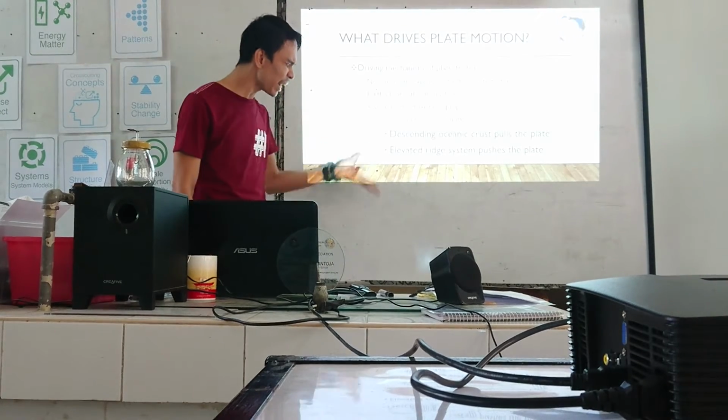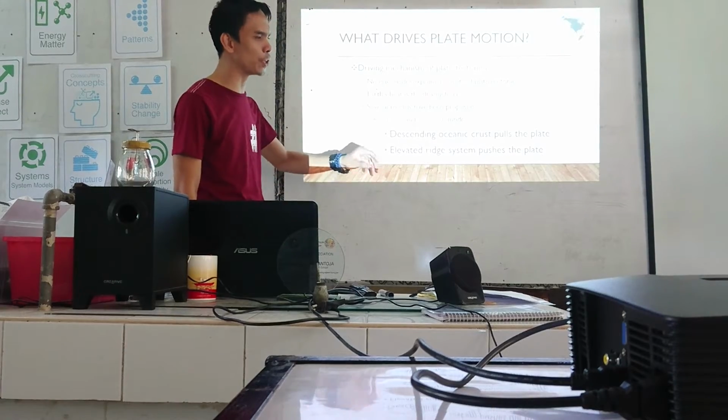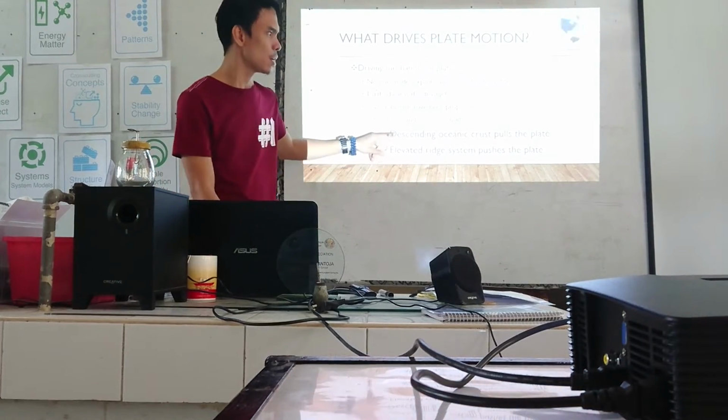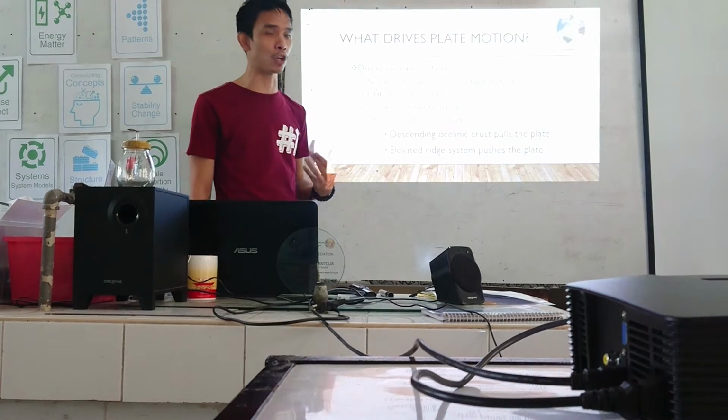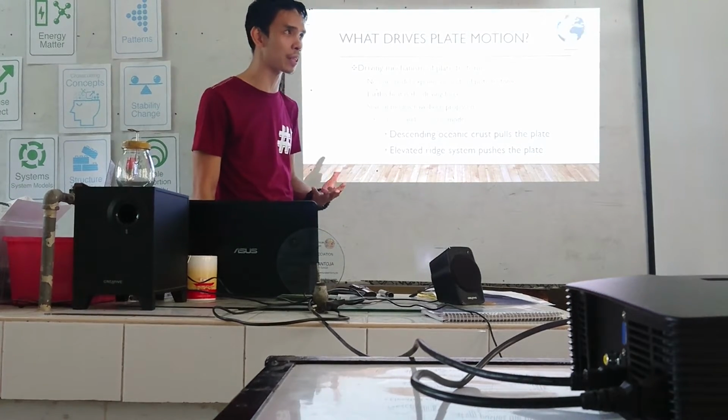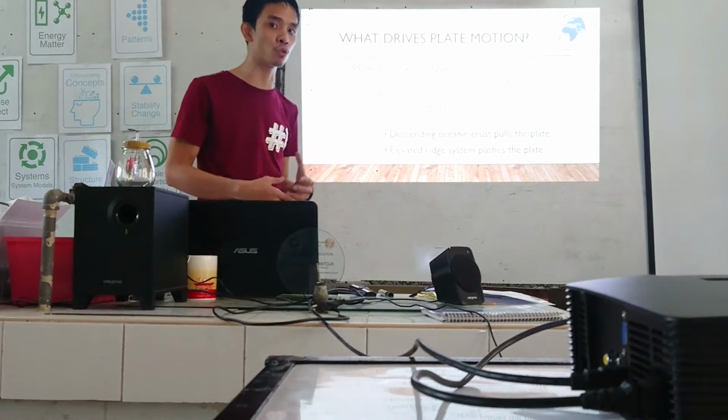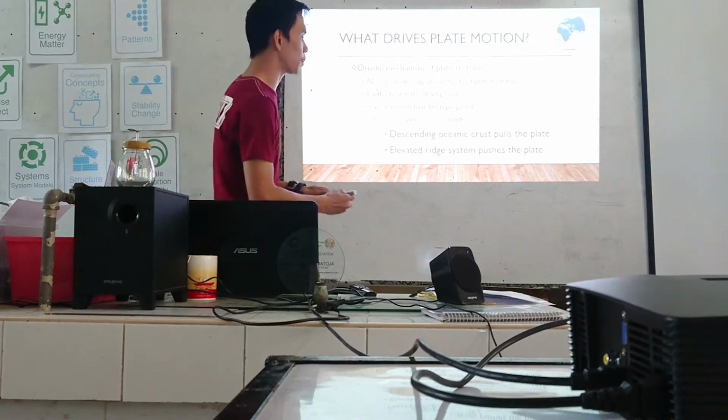In slab pull, the descending oceanic crust pulls the plate downward. It goes to say that gravitational pull has something to do with this particular process.